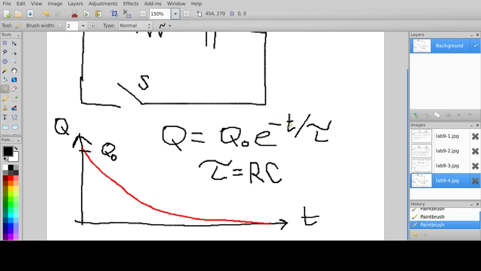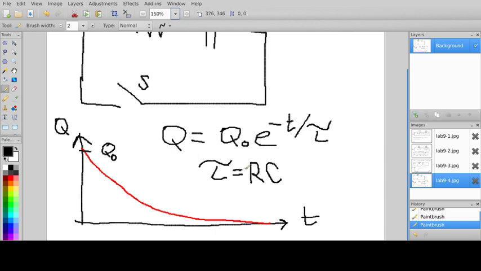The exponential is minus t, where t is time as it ticks away, divided by this symbol here, tau. Tau is what's known as the time constant. It's a characteristic constant which describes how fast or how slow the charge will decay.